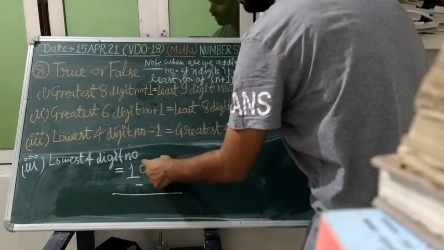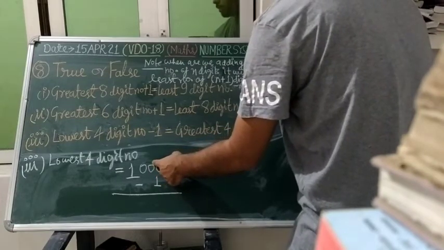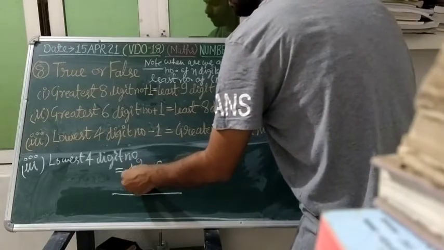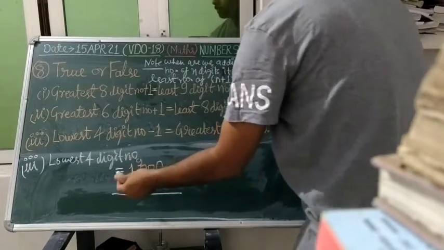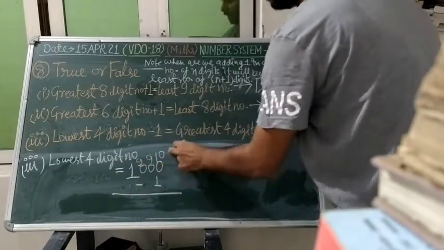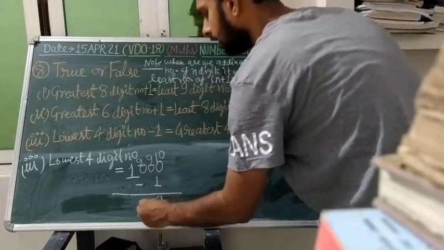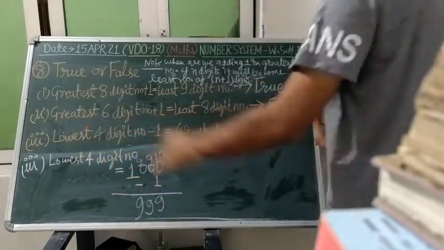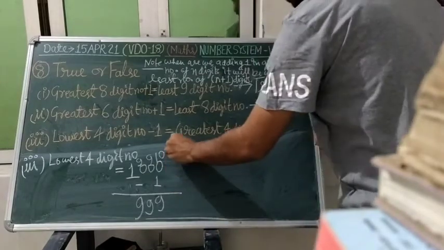It will become 10, and here it will become 9. 9 here, 9 here, it will become 10, 10 minus 1, 9 here, 9, 9. And it will become invisible. I think you can do this subtraction in the 5th class.